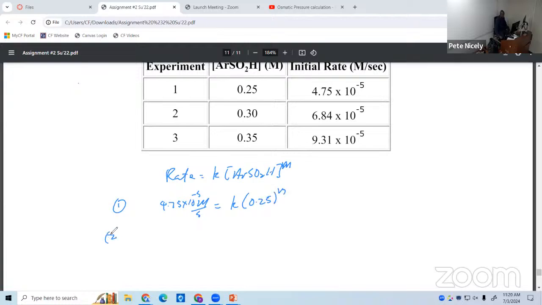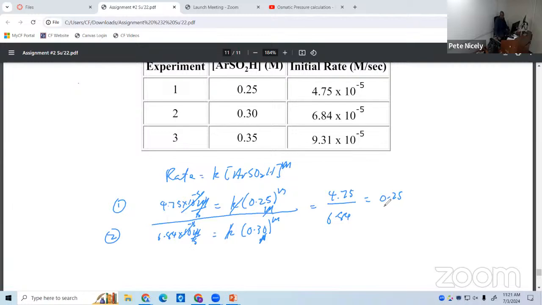And then for experiment 2, it's going to be 6.84 times 10 to the minus 5 M/s equals K times 0.30 raised to the m. You divide the top by the bottom. The K's will cancel out, the M units here and here will cancel out, and the 10 to the minus 5s will cancel out. That makes things simpler. So we're going to end up with 4.75 divided by 6.84, and that would be equal to 0.25 over 0.30.